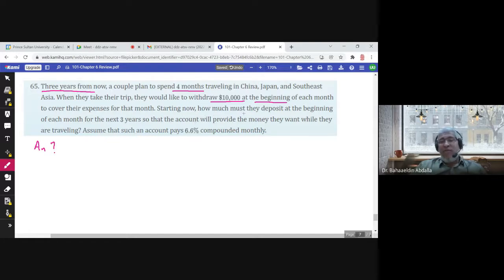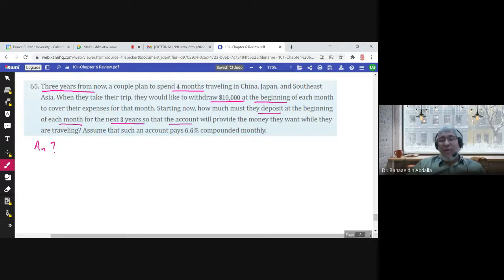Starting now, how much must they deposit? So they are thinking of this. To get this present annuity, how much must they deposit at the beginning of each month from now? Because they have 3 years to plan. So in these 3 years, they need to put a deposit monthly in an account that will give them, at the end of this account, they will have AN.